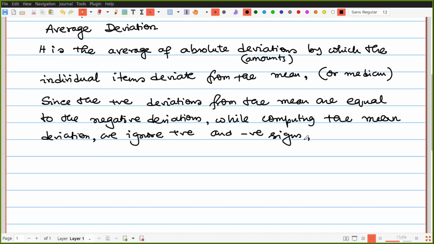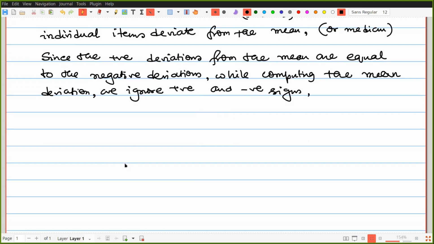Okay, that's why we are taking the absolute value. As we are taking only the absolute value, that term is called the average absolute deviation or the mean absolute deviation. Okay, so let's check what symbolically it says.